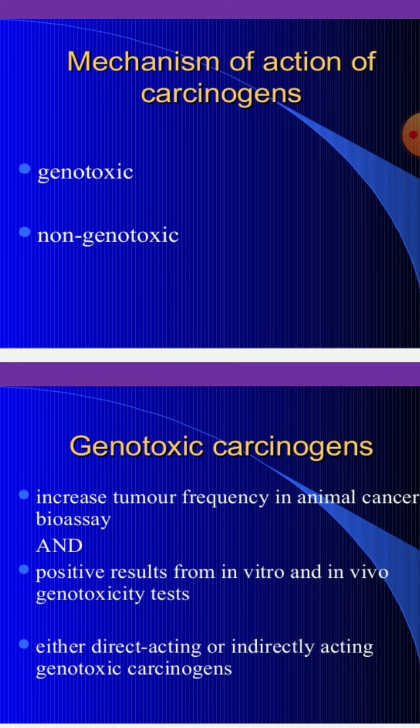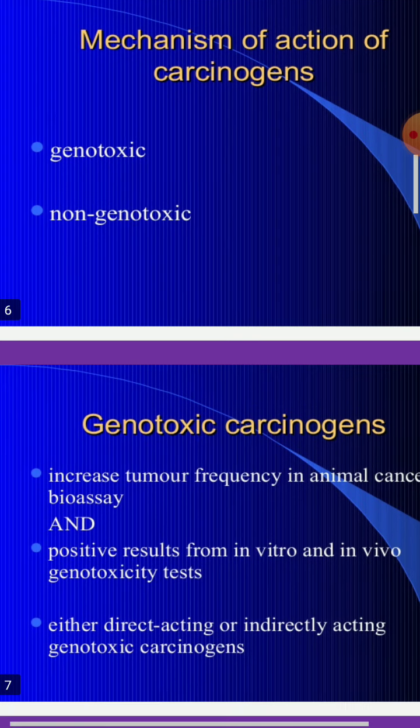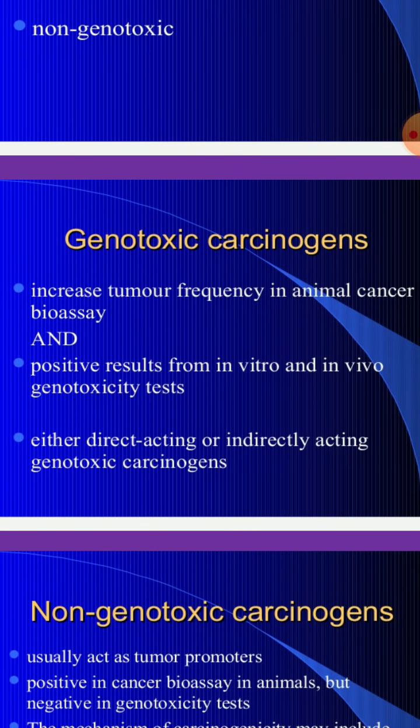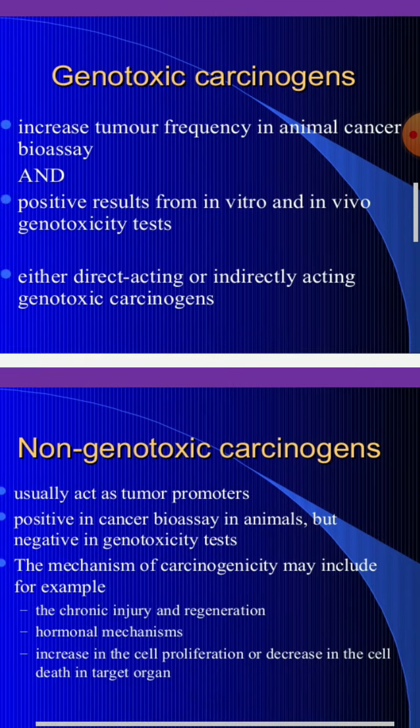They are either direct acting, acting directly, or indirectly on the gene level or the DNA, which further leads to proliferation and then the formation of cancer cells. That is how genotoxic carcinogens act.